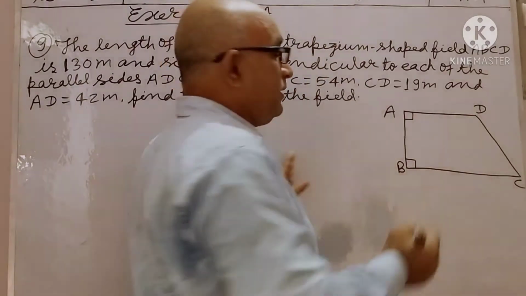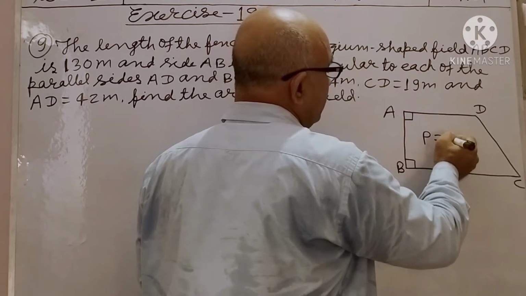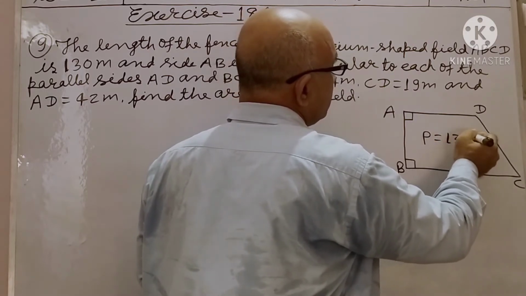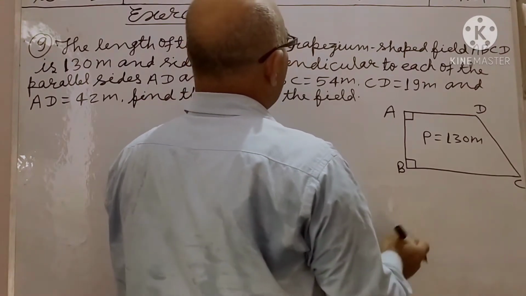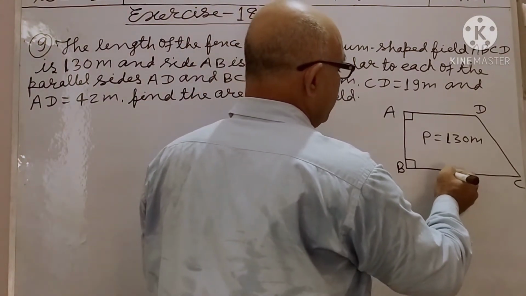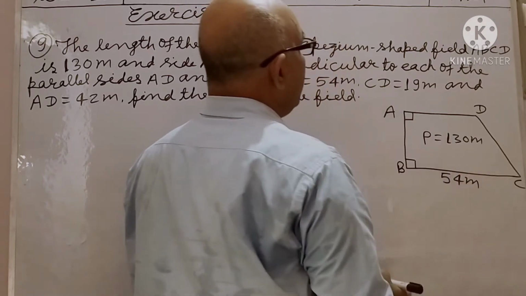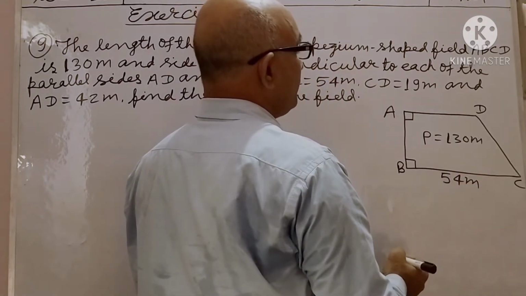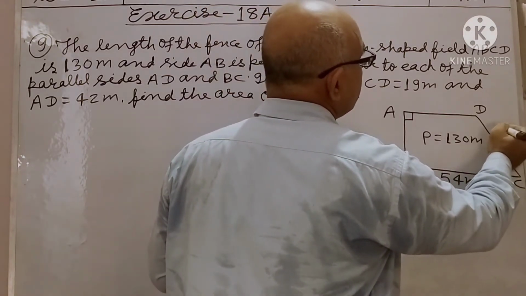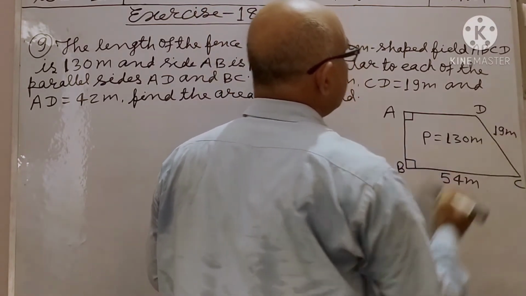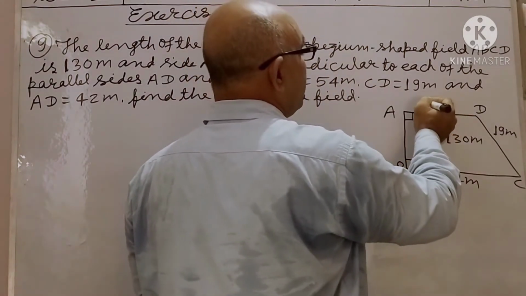Fence means perimeter. So perimeter of this field is 130 meter. BC equal to 54 meter, CD equal to 19 meter, and AD equal to 42 meter.